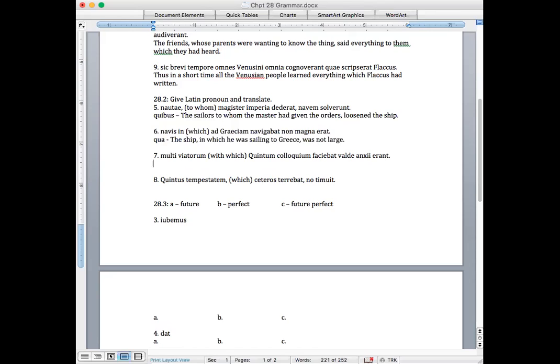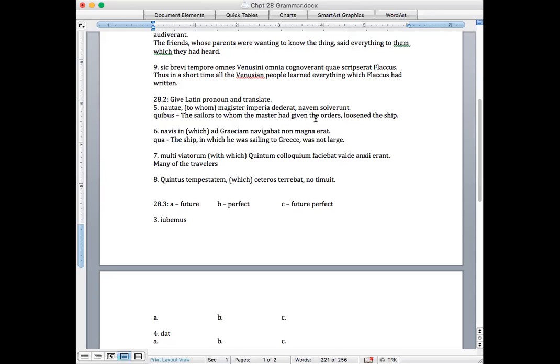Number 7, with which. So many of the travelers with which Quintus was making conversation were very anxious.